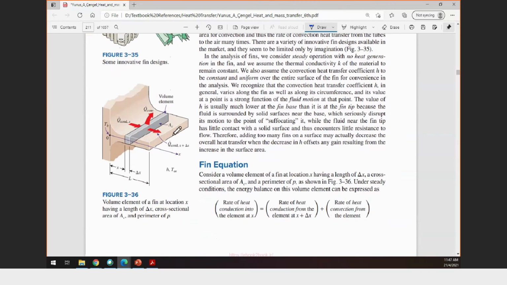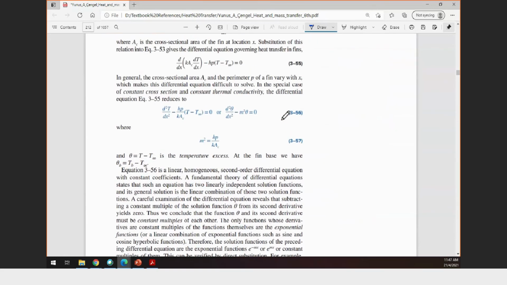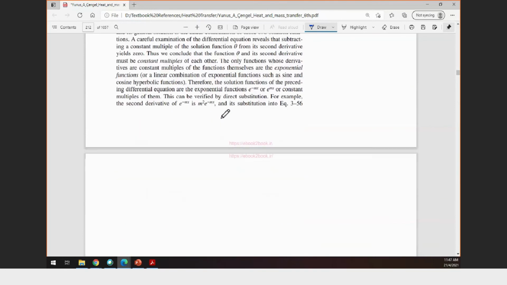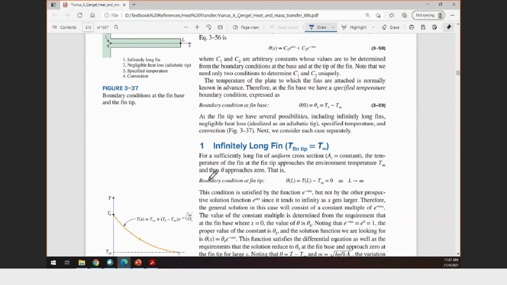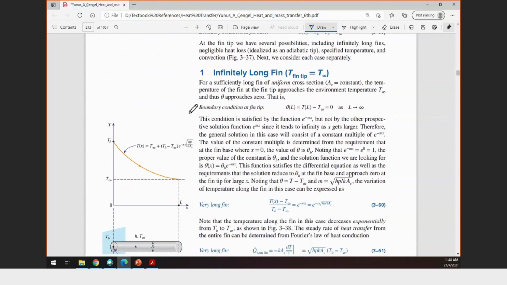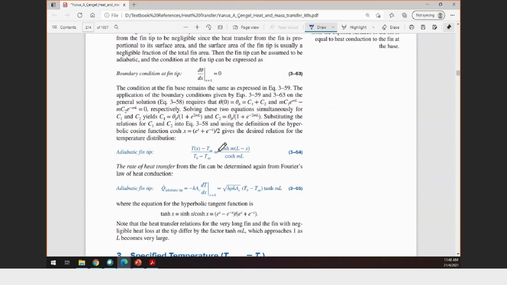Same thing that I have explained just now in the slide. Okay, how they simplify the equation. Now they want to solve using different cases. This is what I mentioned here, different boundary condition at the fin tip. First, infinitely long fin, second, negligible heat loss.